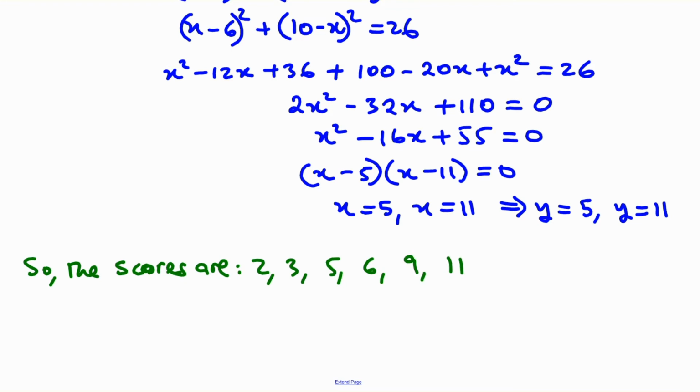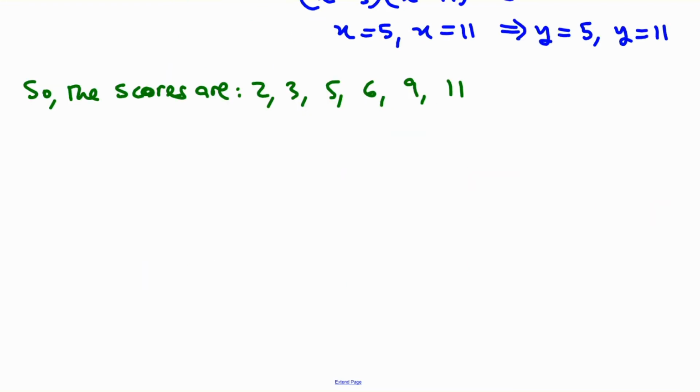Now, what the question is asking us is to find the interquartile range of the distribution and the range. So first of all, we can start with the range. The range is just 11 minus 2, which is equal to 9.